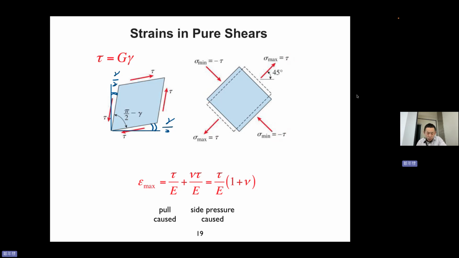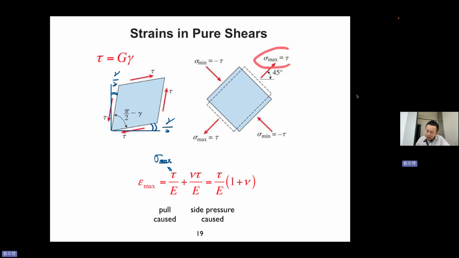So let's take a look at what kind of strain it will be. The epsilon max, you can say this direction, equals tau max, which is sigma max, divided by E, and the value of sigma max is tau, right? And for the second term, there are two contributions to this deformation.